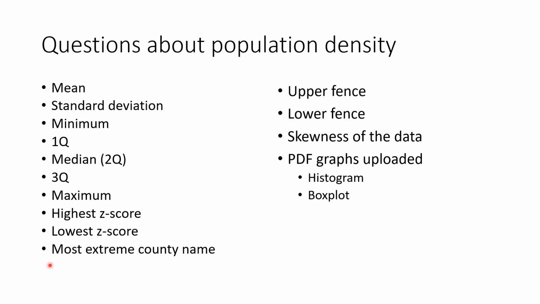I'm not telling you that's the answer, but it's something. So what's the most extreme county name? That is the name of a county. Upper fence and lower fence are numbers. The skewness of the data is a qualitative answer. You describe how the data is skewed, and then you upload in a single PDF both a histogram and a box plot of the population densities for the Illinois counties.